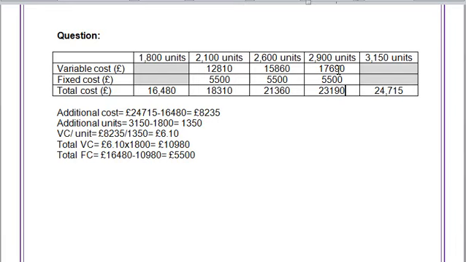If I stick to high point, I will use the high point total cost minus the total variable cost which you've calculated at the high point. In this case, I have used the low point. So I have stuck with 1,800 units times £6.10p. That will give me the total variable cost. I deduct that from the total cost you have of 16,480 to give me the total fixed cost.